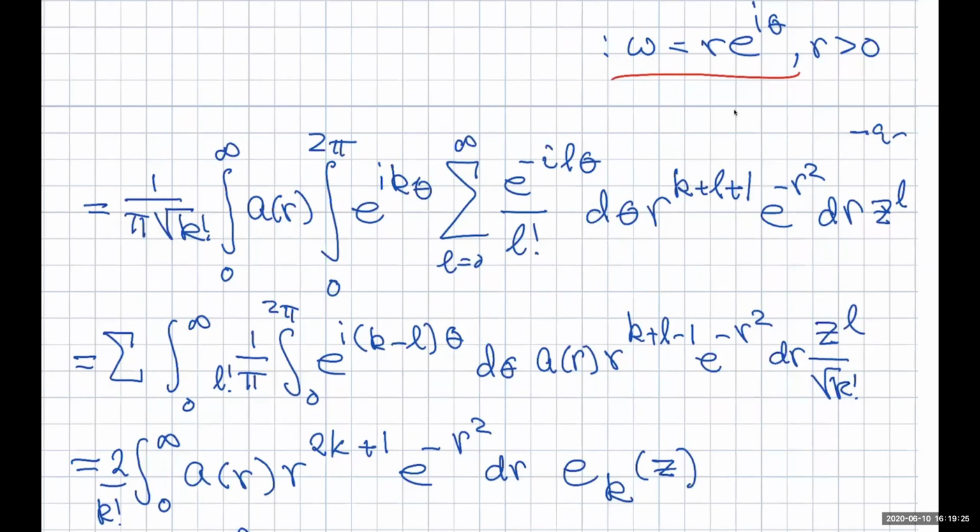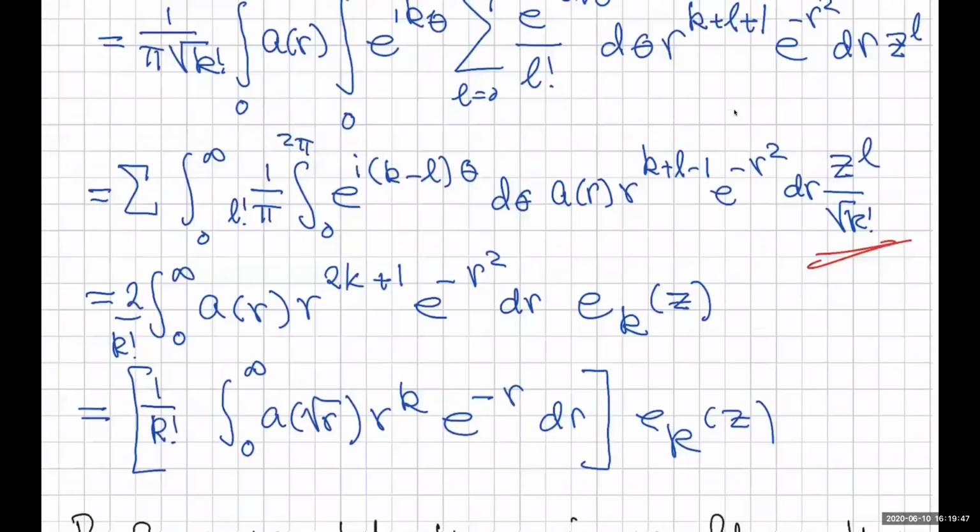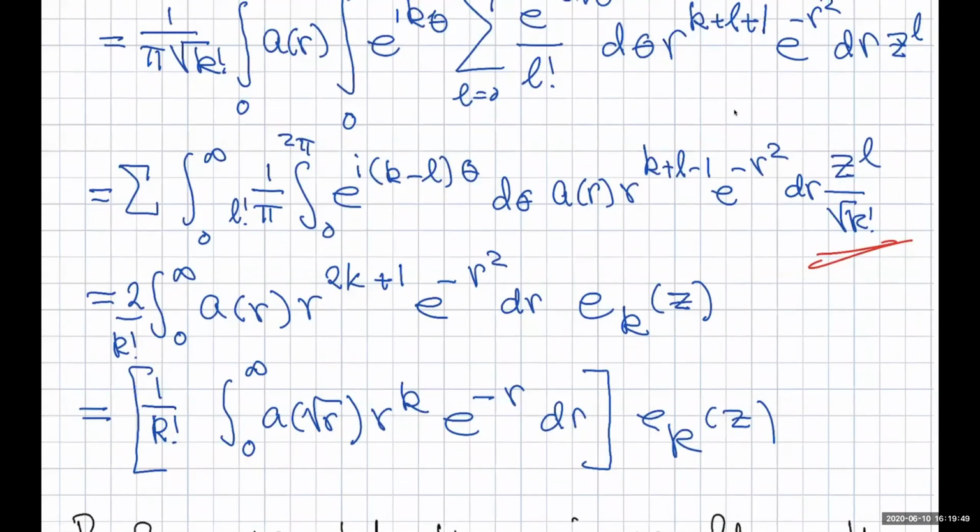And now we know if the exponent is not 0, it is a periodic function, the integral is 0. So the only thing that survives the integral is the case where k is equal to n. Everything else is 0. And what we see is we just get the function back again, and then some number, okay? A number that in principle, if you give me the symbol, you can in principle compute, okay?